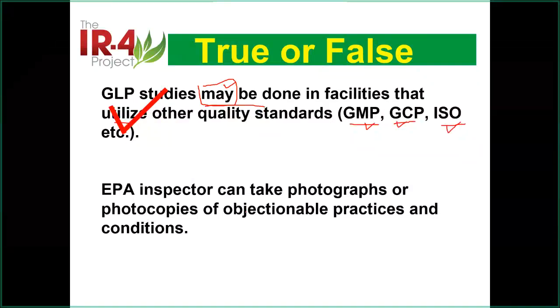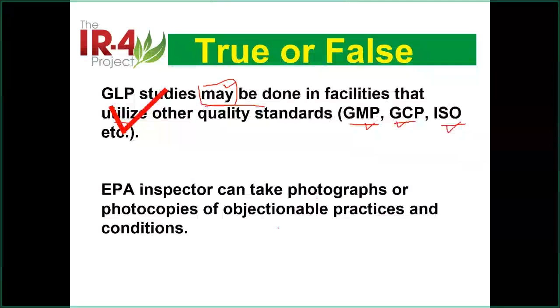The next question is, can anyone go to your lab to take something away, like a photocopy? Some companies will say, yeah, this is confidential material, but this is a special person. This is the EPA inspector. Normally, an EPA inspector goes into the lab, goes into some places, they don't take anything away.